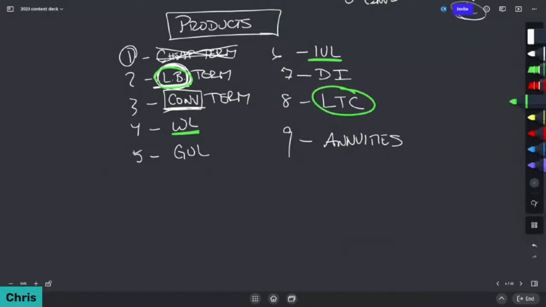Long-term care is a really expensive insurance. It's a huge benefit to a lot of people, but we're talking thousands of dollars a month in premium if you wait until you're 55 or 60, where most people unfortunately wait.